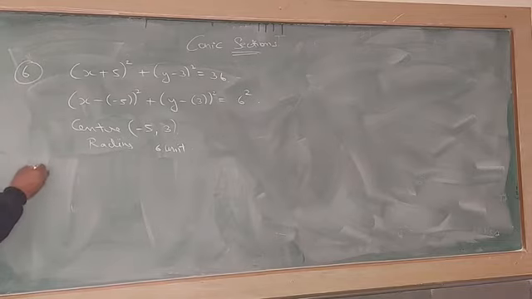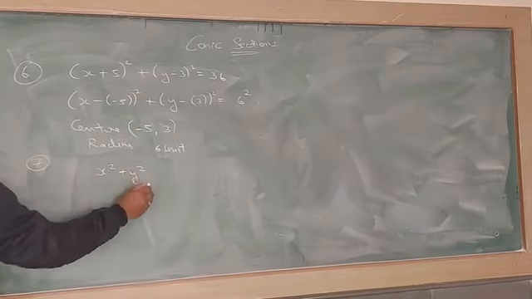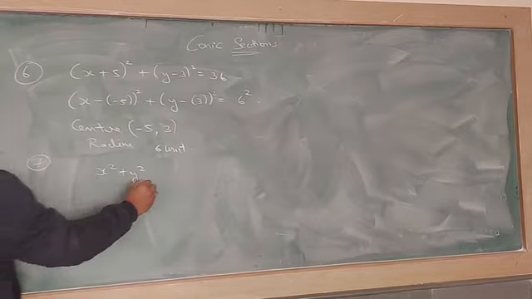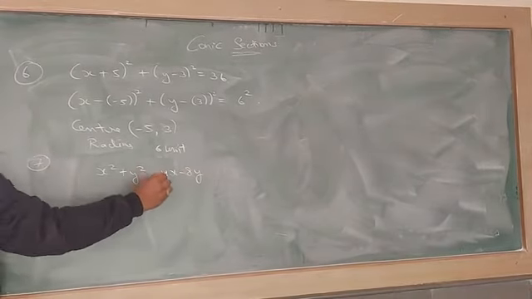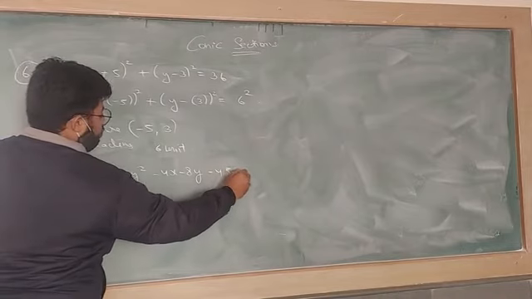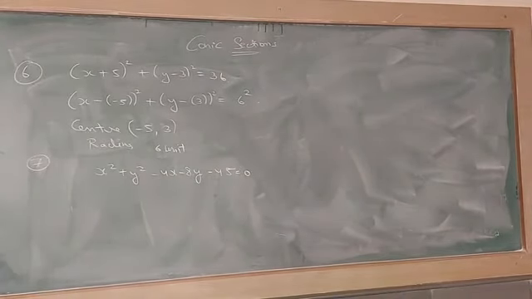Now, seventh one. Here the question is x square plus y square minus 4x minus 8y minus 45 equals to 0. Now here we have to form the whole square.